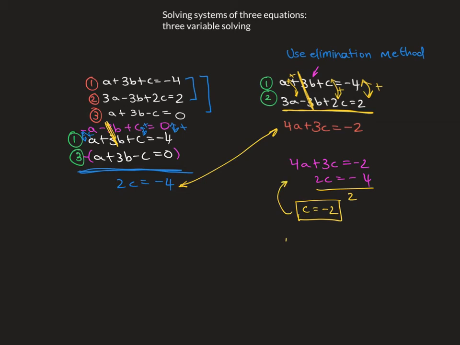So now we have 4a plus 3 times minus 2 equals minus 2. 3 times minus 2 would be minus 6, so we add 6 to both sides. 4a is equal to 4, and that means a is equal to positive 1.